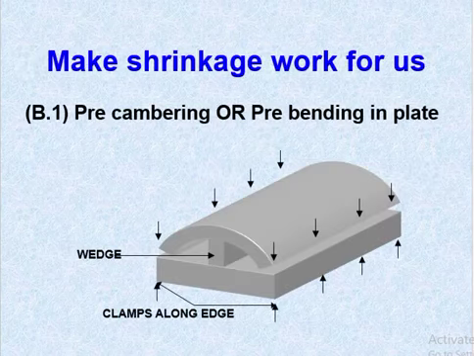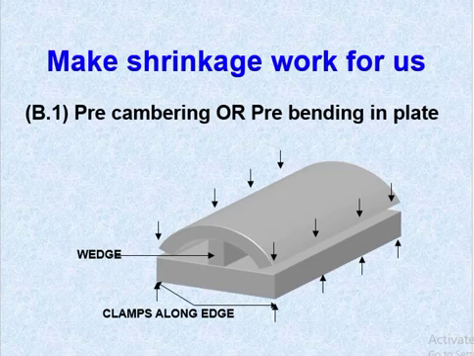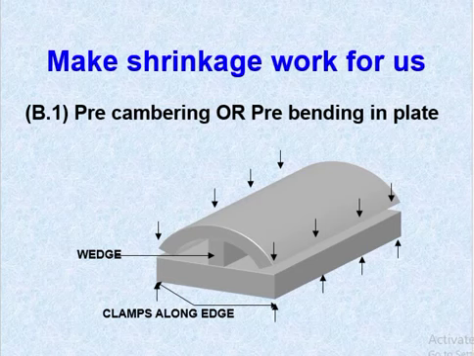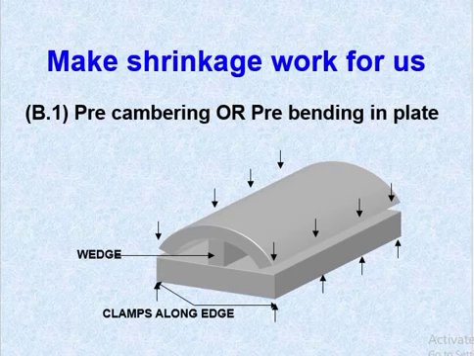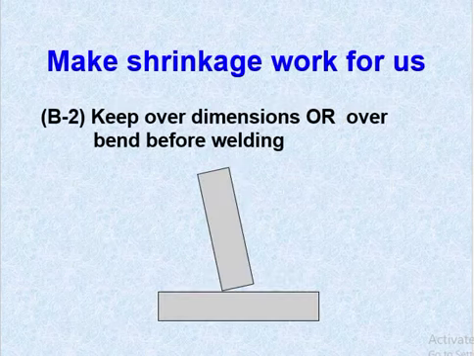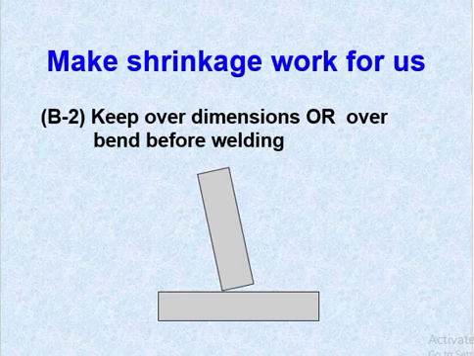So this is pre-cambering or pre-bending in the plant. Clamps along the edge. Here the clamp is there, wedge is there. If there is a clamp and wedge, there will not be any distortion because it restrains the contraction and expansion. Make shrinkage work for us by keeping over-dimension or over-bend before welding.